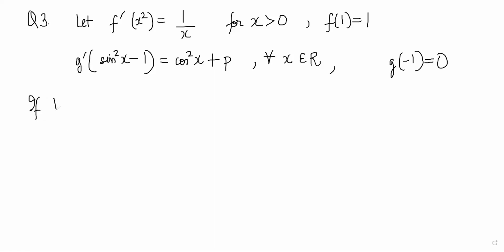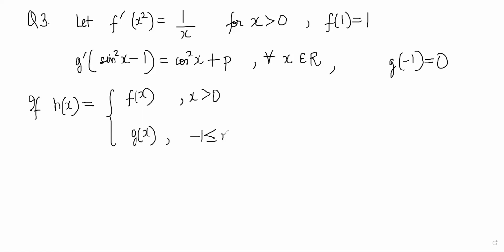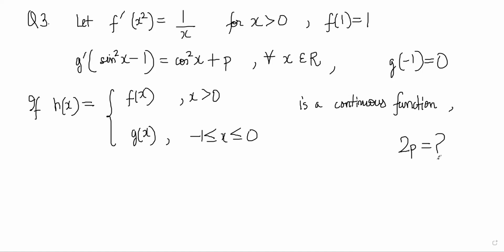Now they're saying if h of x is equal to f of x for x greater than 0 and is equal to g of x for minus 1 less than equal to x less than equal to 0, and this h of x is a continuous function, you have to find the value of 2p.